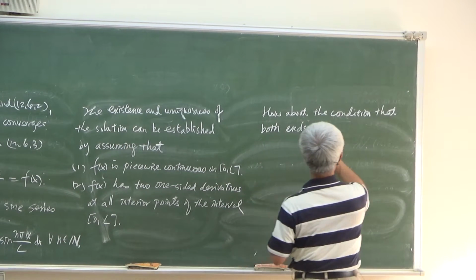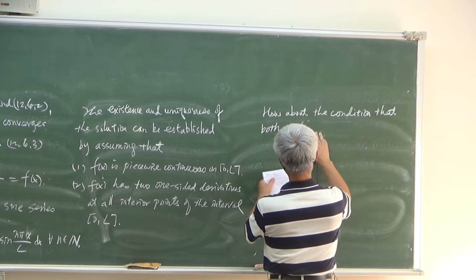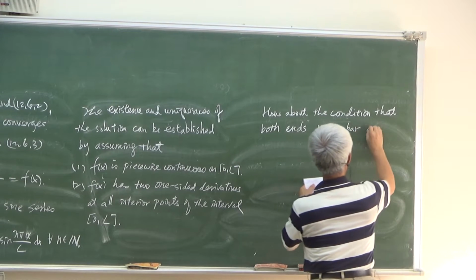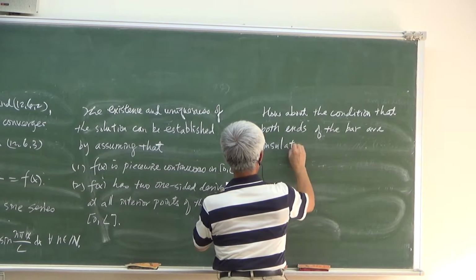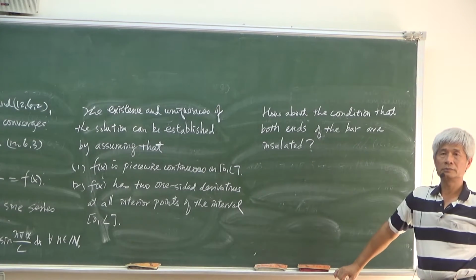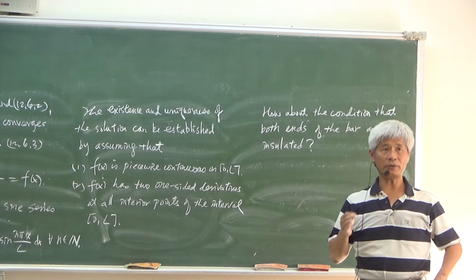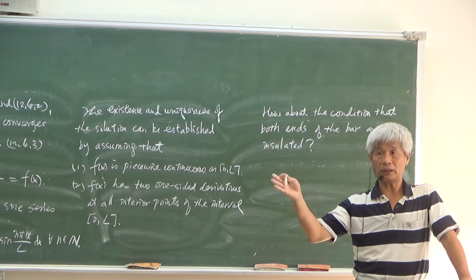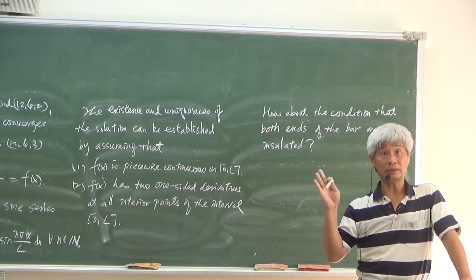But how about the condition that both ends of the bar, okay, are insulated? Okay? That means that it is impossible for heat to flow out or in, right? At the two points.